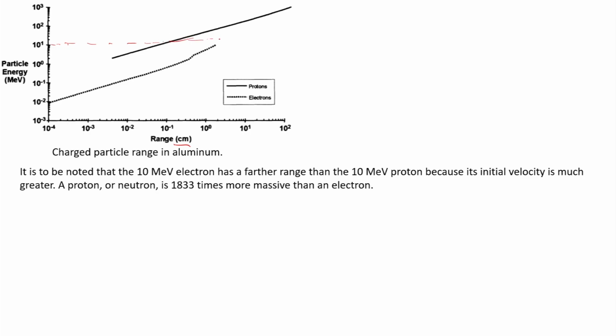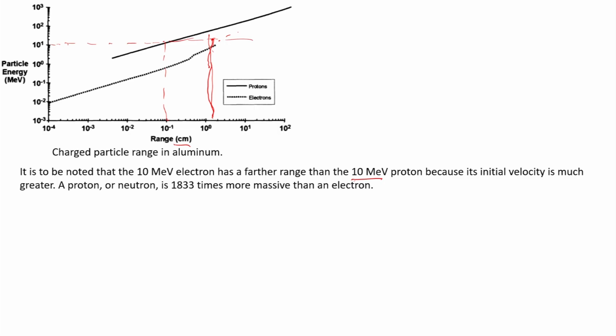If you see the range for the particle energy, suppose the particle energy is 10 mega electron volt, then the range for the electron is more than that of the proton.